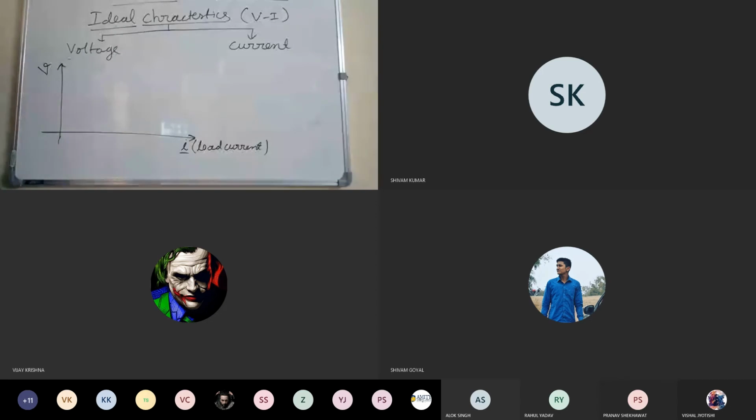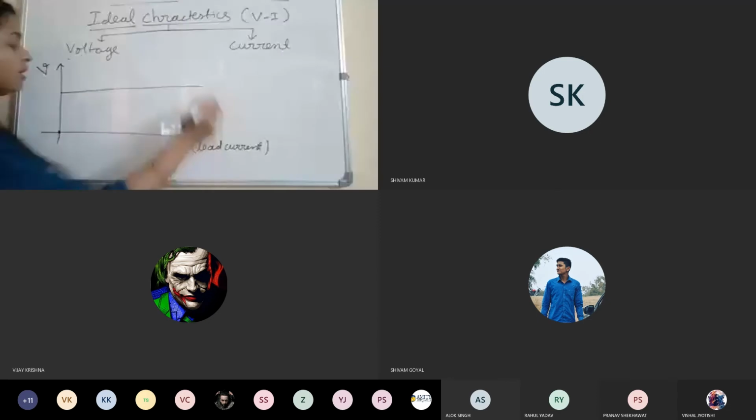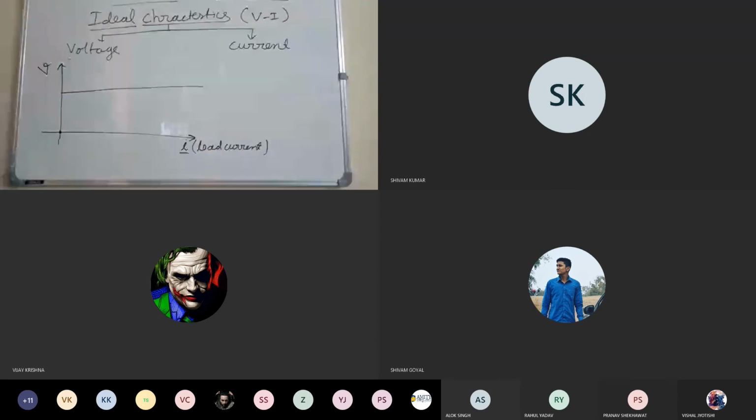Then only it is ideal. Whatever the load current, my voltage is always constant. Suppose it is VT, the terminal voltage, or V0, the output voltage. Let's say this is my V0.